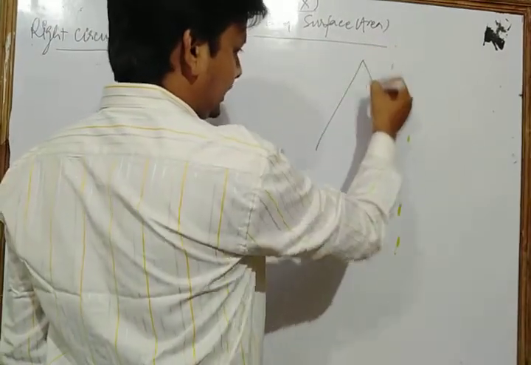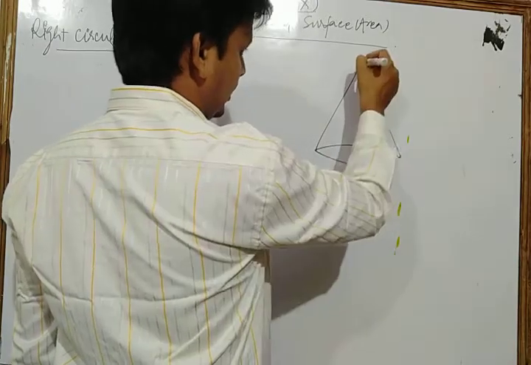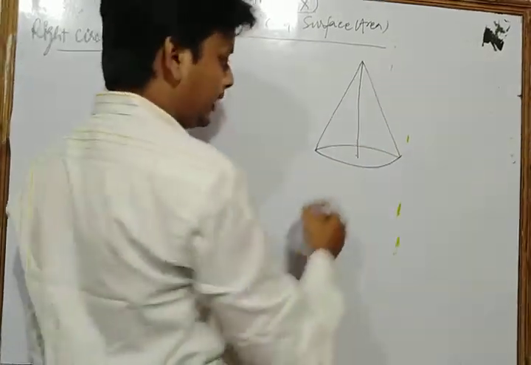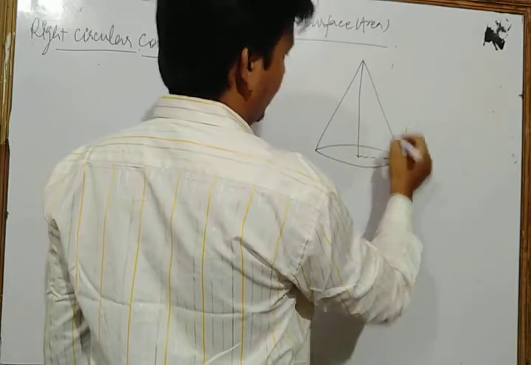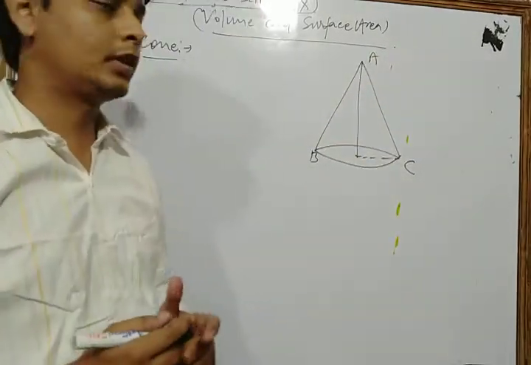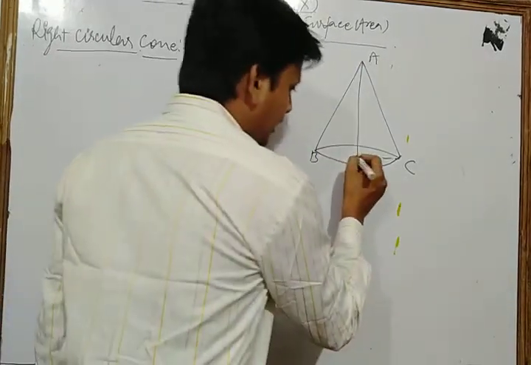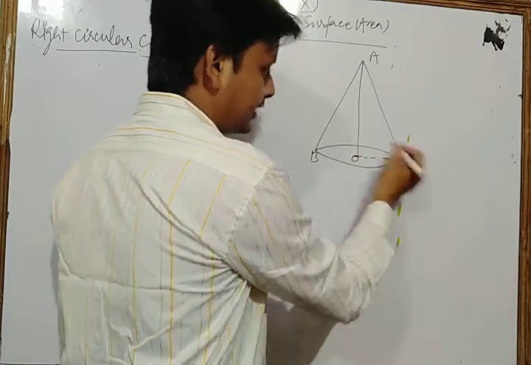A solid like this is called a cone. Here ABC is a cone, and O is the center of its base.